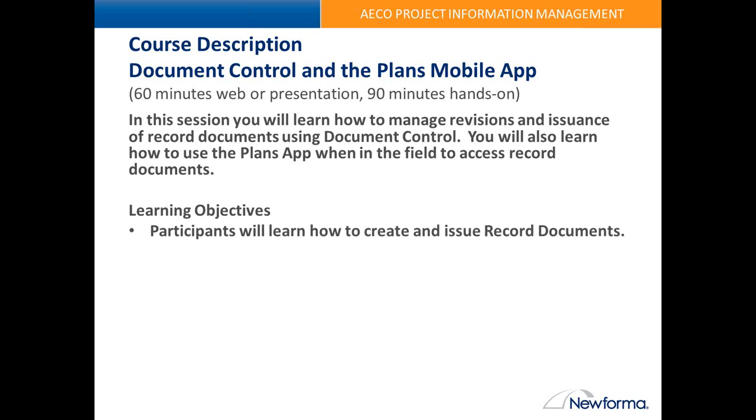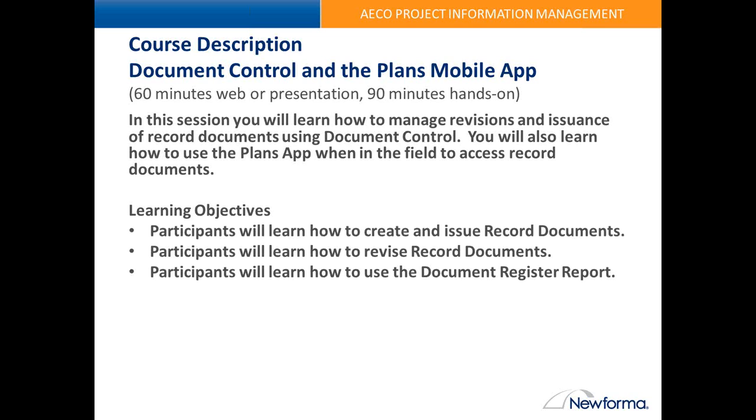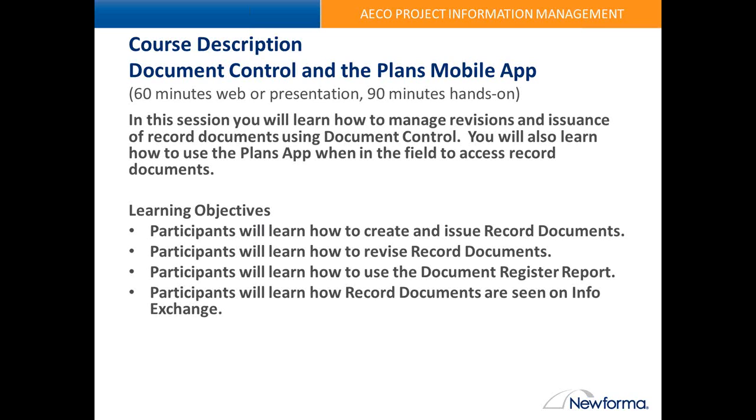The learning objectives include learning how to create and issue the record documents, how to revise the record documents, how to use the document register report, how record documents are seen on InfoExchange, and how to use the Plans mobile app. So everything that's included in your Milestone 5.